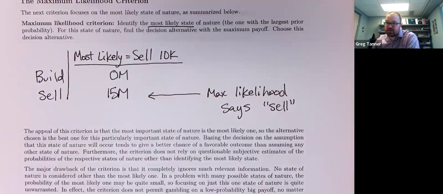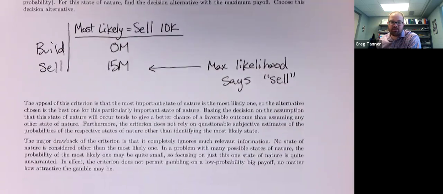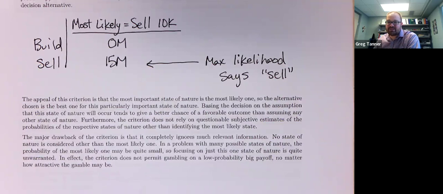The con to this, though, is that you ignore all other states of nature, and so you ignore a lot of relevant information in the decision-making process. In this case, our two states of nature are fairly equally likely, not perfectly, but pretty close. So the 40% chance of selling 100,000 is still very likely, and we've ignored that possibility completely. We also ignore what might be rare risks in some states.